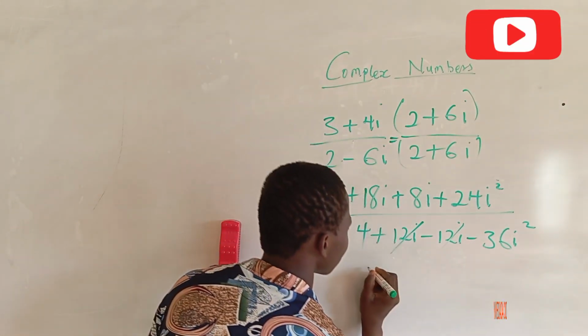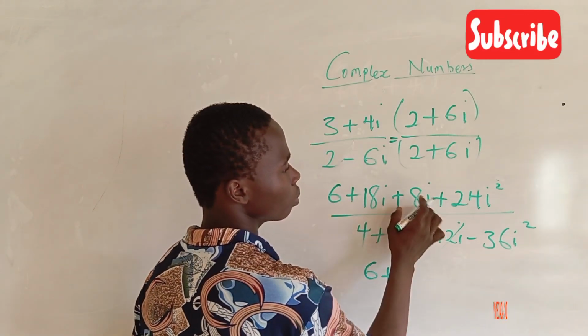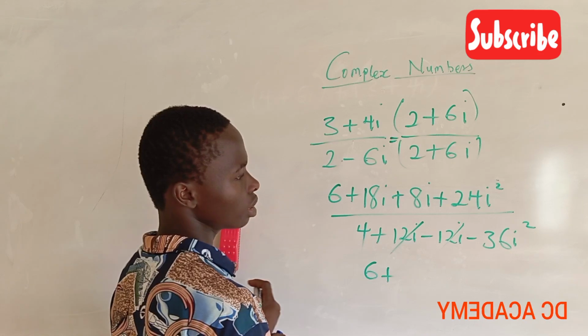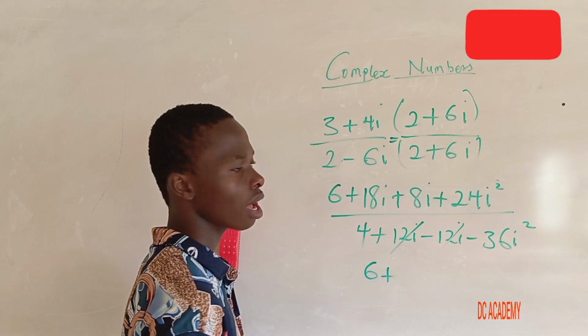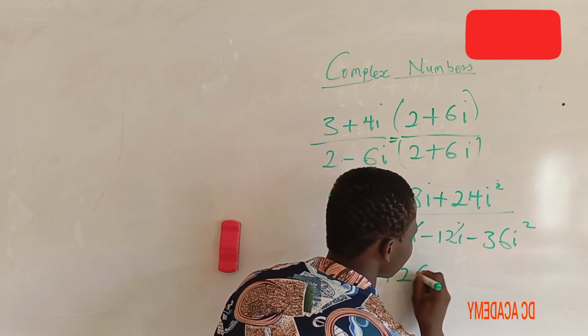Okay, let's solve this. 6, 18i plus 8i is actually 26i.